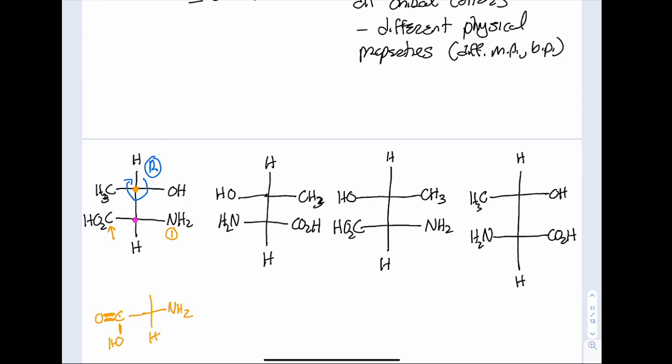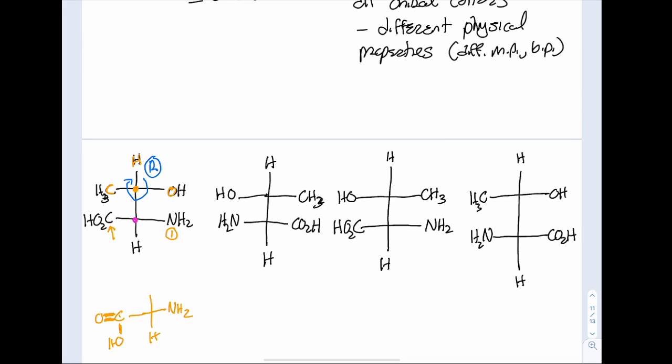If I look at my top carbon, this carbon right here that I'm putting the big orange dot on, that carbon is bonded to a carbon, an oxygen, and a hydrogen. So carbon bonded to 3 oxygen is going to be higher in priority than a carbon bonded to 1 oxygen, a carbon, and a hydrogen. Remember, we're using atomic number for those.